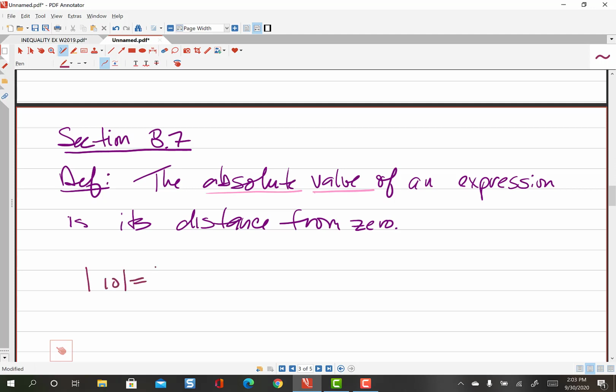You're saying, how many steps away from 0 is it? It's 10 steps away from 0. What's the absolute value of negative 17? It's 17. It's a distance. It's always going to be positive. The absolute value of negative 33 is going to be 33. That's its distance from 0.